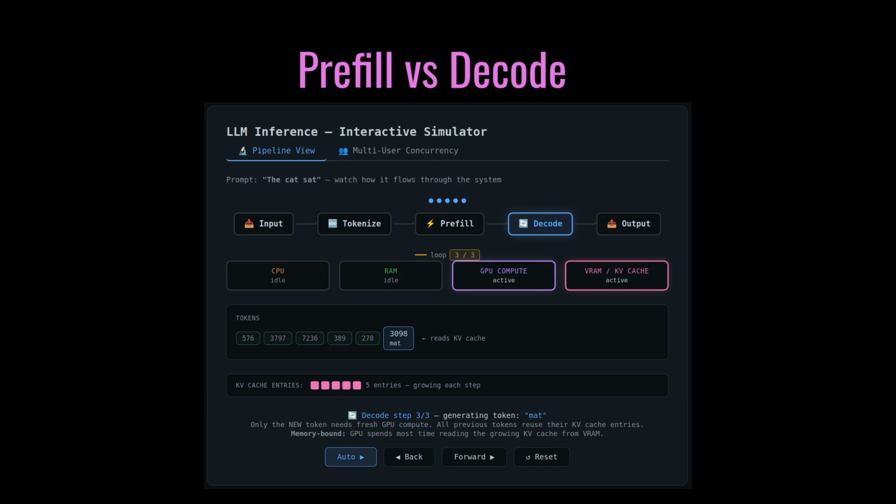This was interactive, and we got a sense of what the different parts are. We understood how the prefill phase differs from the decode phase. We understood how the different resources of a machine, like an abstracted computer, matter. There's a CPU, there's RAM, there's GPU compute, and something called VRAM and KV cache. This is kind of the RAM that the GPU uses.